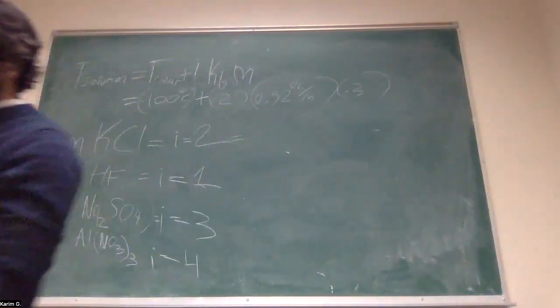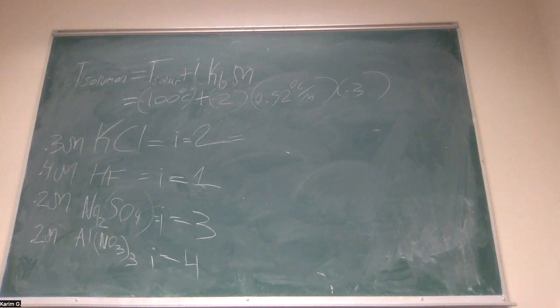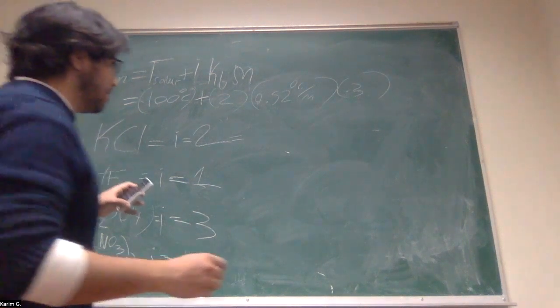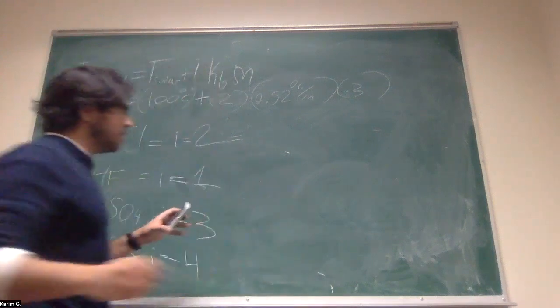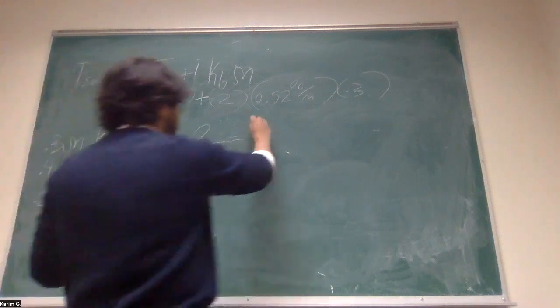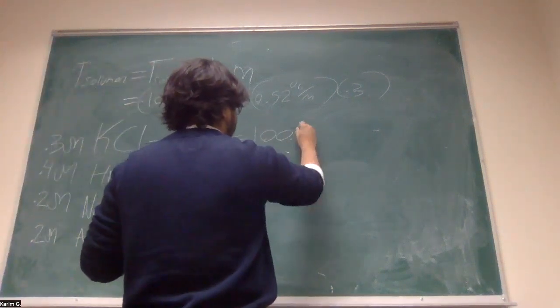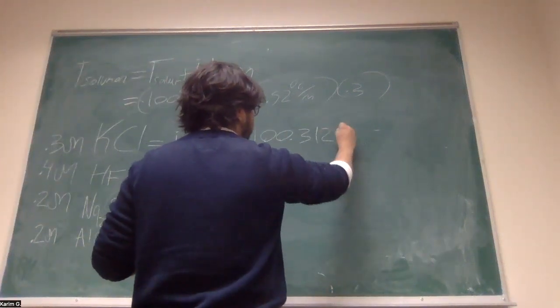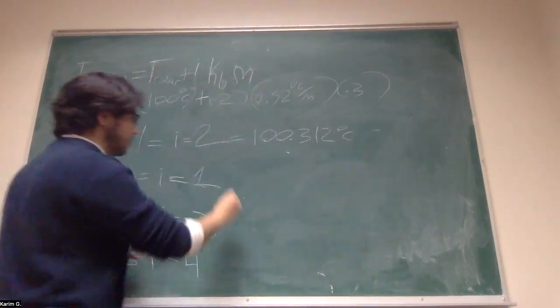Hold on. 2 times 0.52 times 0.3. Oh, 0.312, right? Sorry, I multiplied it times 100. It's plus 100. So in total, it will be 100.312. Yes. Okay.